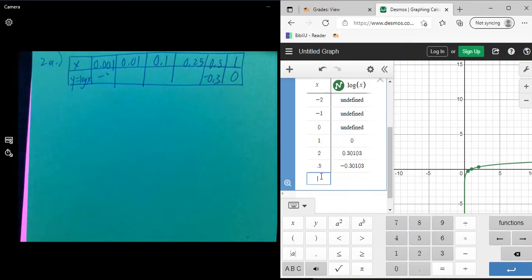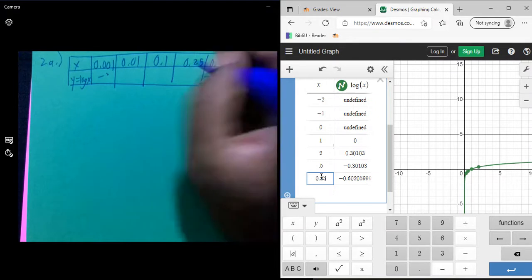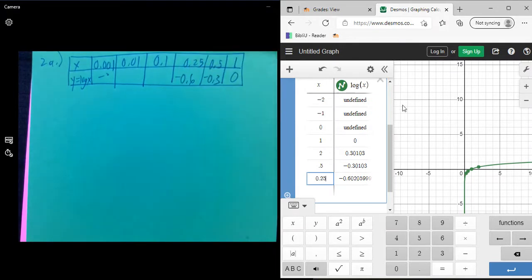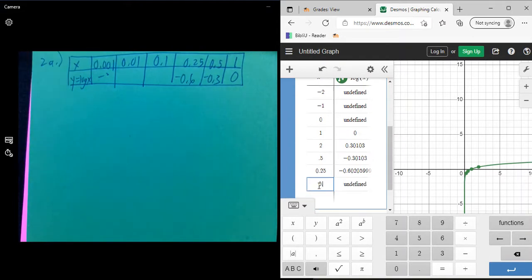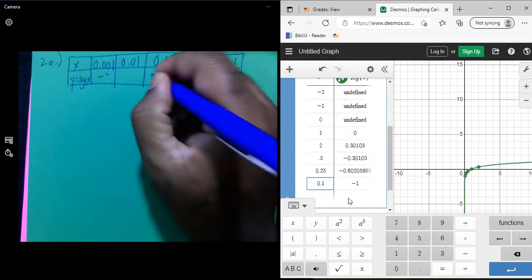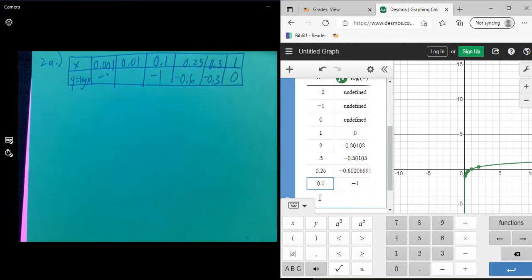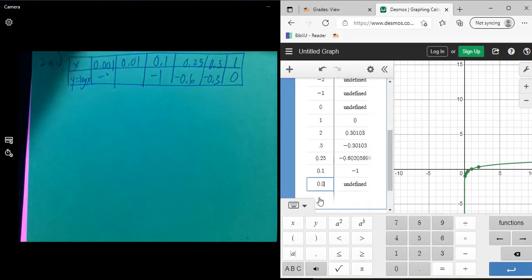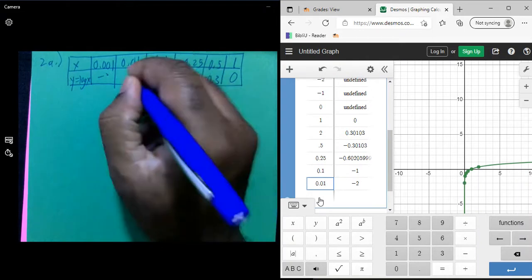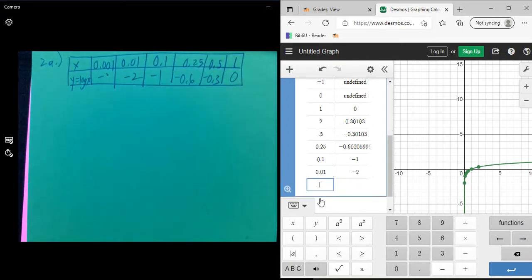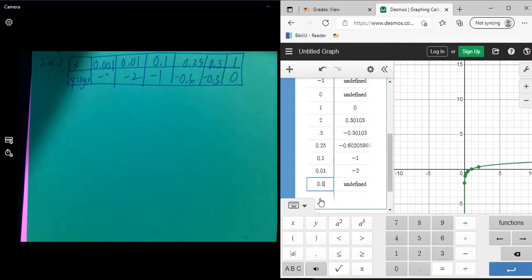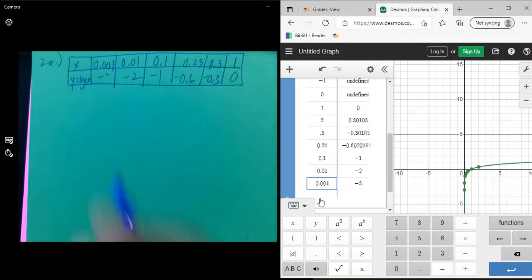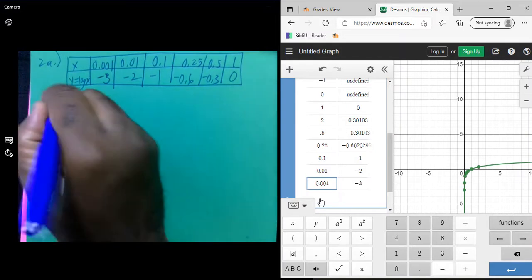So we'll do 0.25, and it'll be a negative 0.6, and then 0.1, that'll be negative 1, 0.01, be negative 2, and then 0.001, which would be negative 3. Okay, now that took care of A.